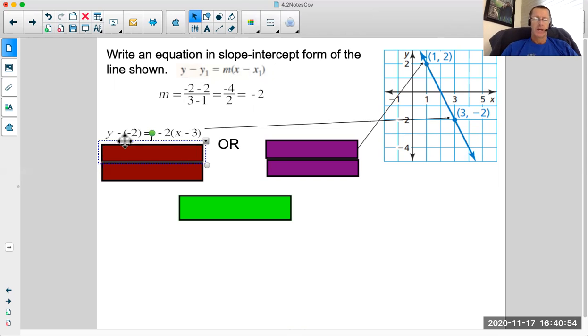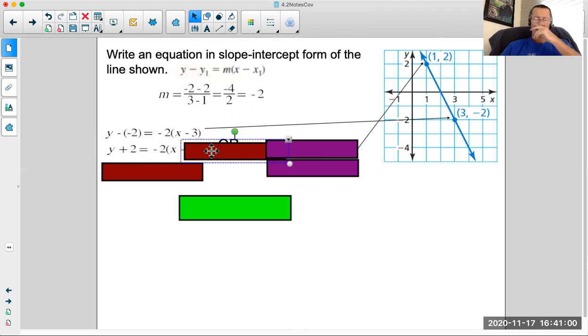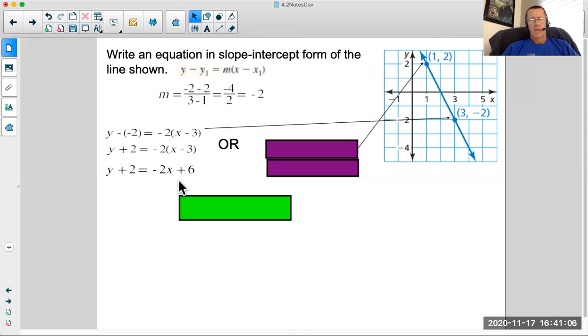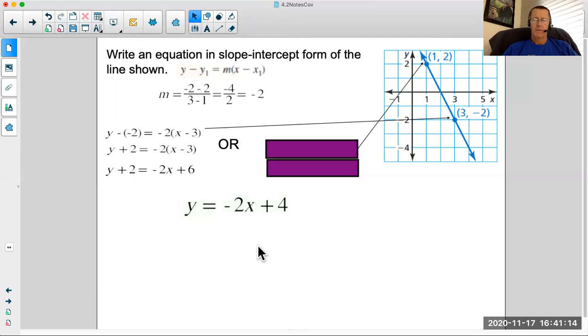So obviously you're gonna clean up the left side to y plus 2, and then you're gonna need to distribute. Then what's the last step to get into y equals mx plus b form, slope intercept form? We need to subtract 2, and we get y equals -2x plus 4, okay?